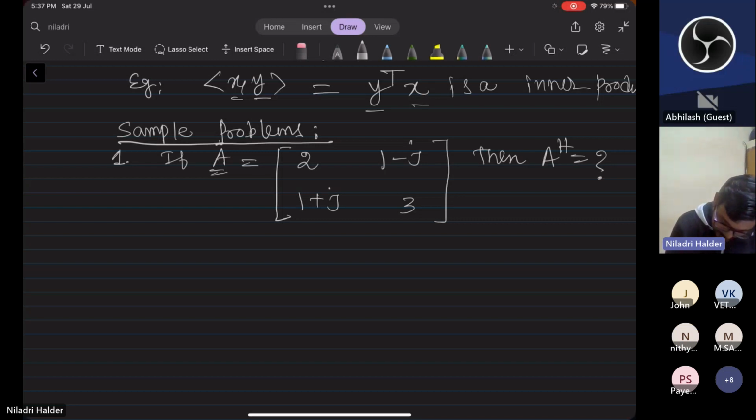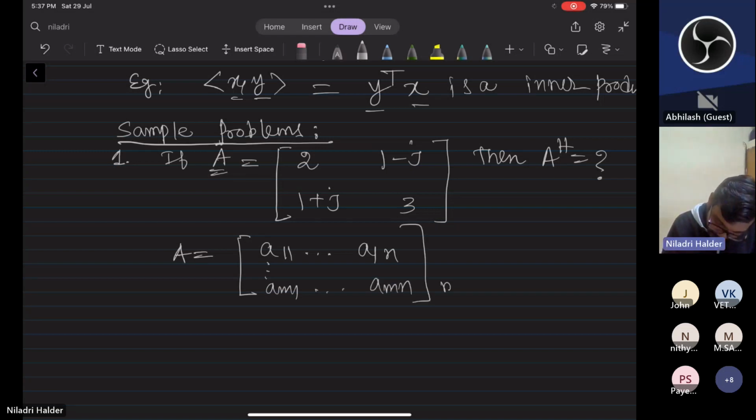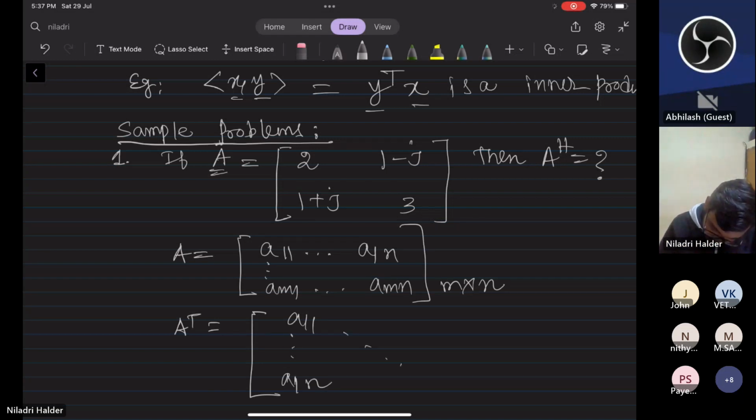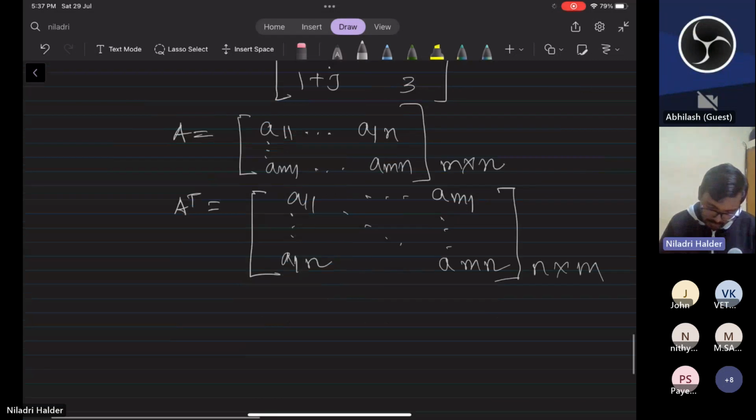We can write this as: suppose A is an M cross N matrix with entries A11 and so on. Then A transpose can be written like this. So this is A transpose.